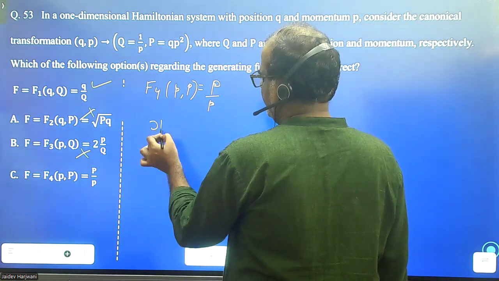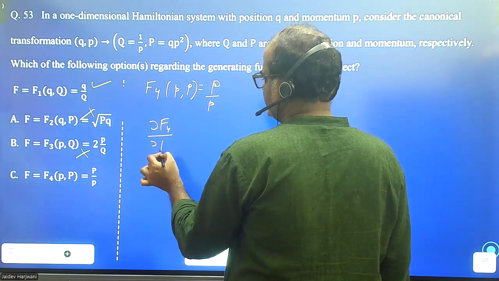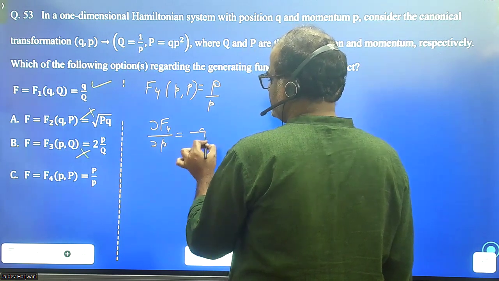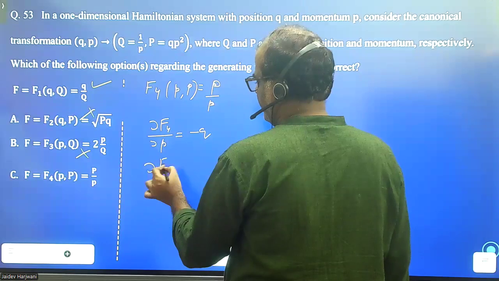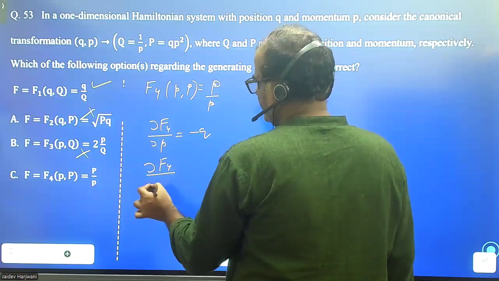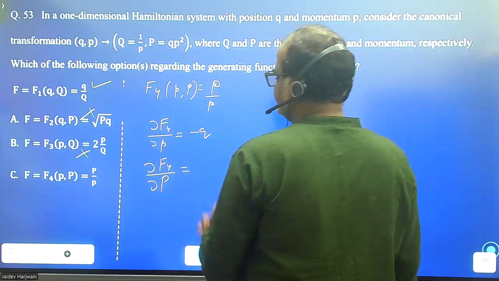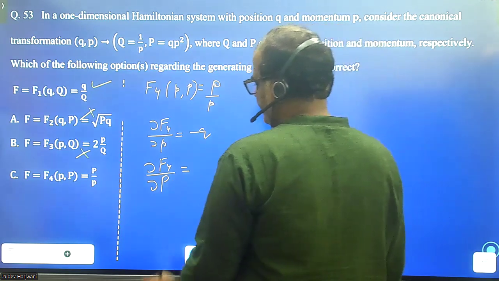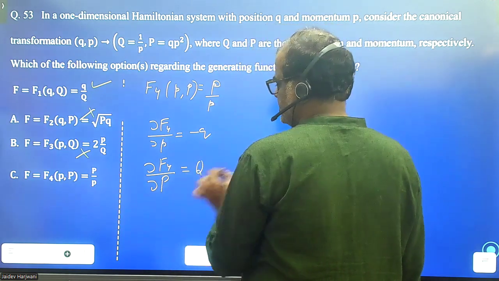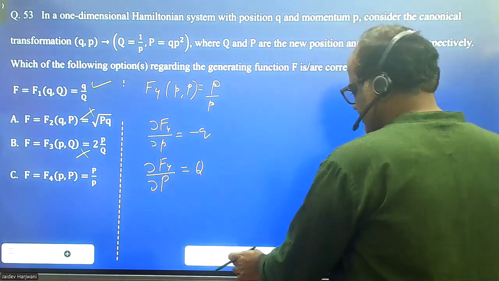So del F4 upon del small p is minus Q, and del F4 upon del capital P will be Q only.